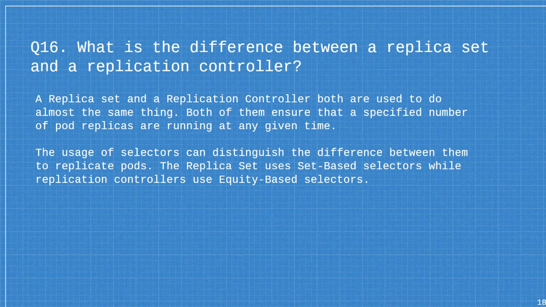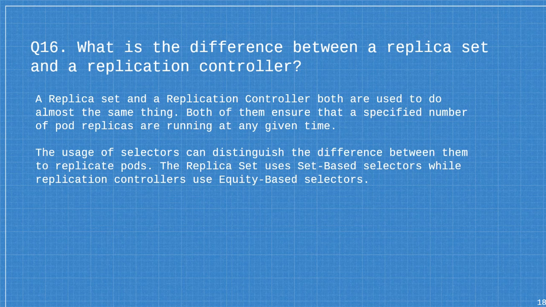But when I want to choose app equal to nginx, or wherever we have app equal to Apache, app equal to Tomcat, you have to make the replicas equal to 3, that can't be achieved with the replica controller.